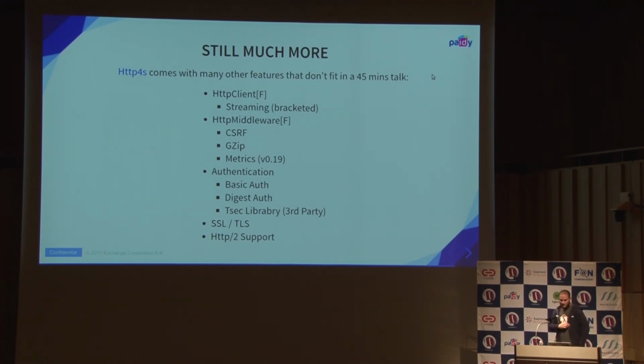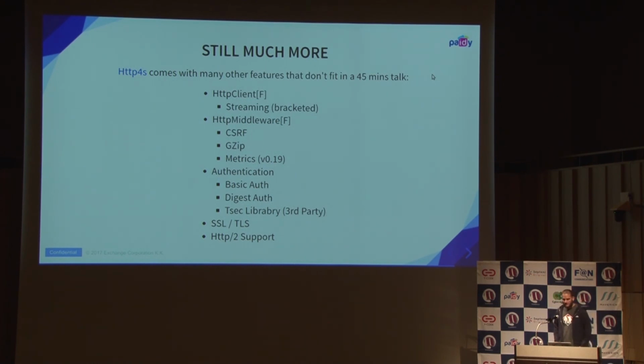There is more HTTP middleware, as I mentioned before, for example, CSRF, GZip, and the guys are working on middleware for metrics, supporting Codahale, Dropwizard, and Prometheus, and some other metrics libraries.